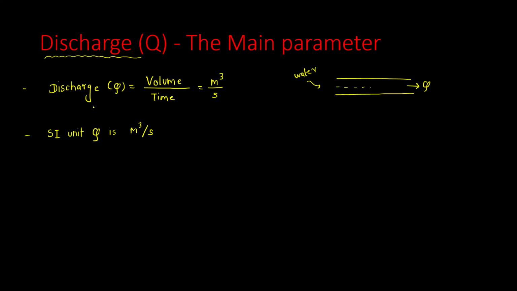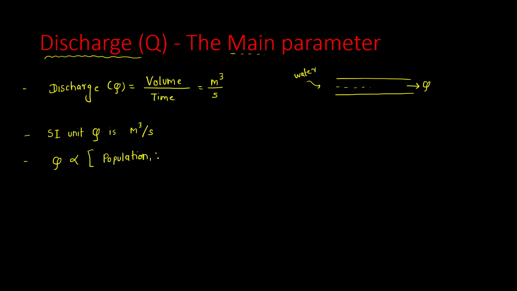Now in water supply engineering, this Q is the main parameter. Now what are the things on which this Q depends? So this Q is a function of, that is the discharge depends upon, the population of that city or town.